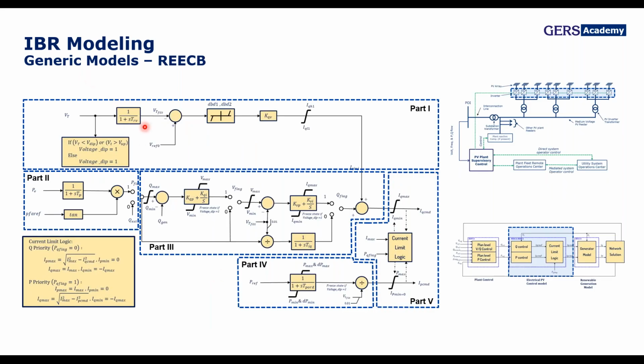The next model that has called the attention of most of the developers is the one related to the inverter. As you see here on the right, it represents what the inverter will see. They have several parts, low voltage and high voltage ride through. That is the one here at part one. The other is a constant power factor.